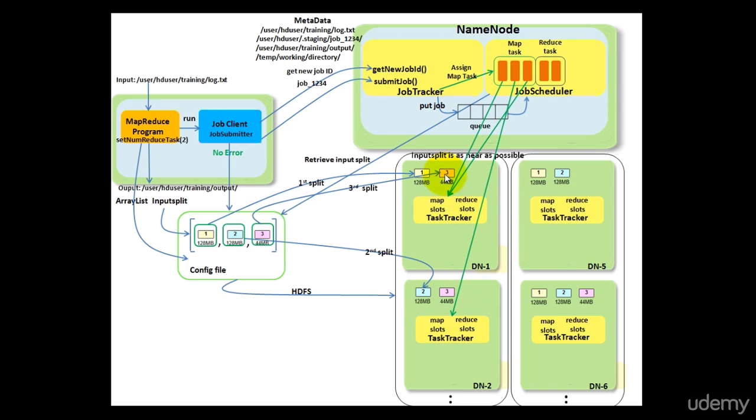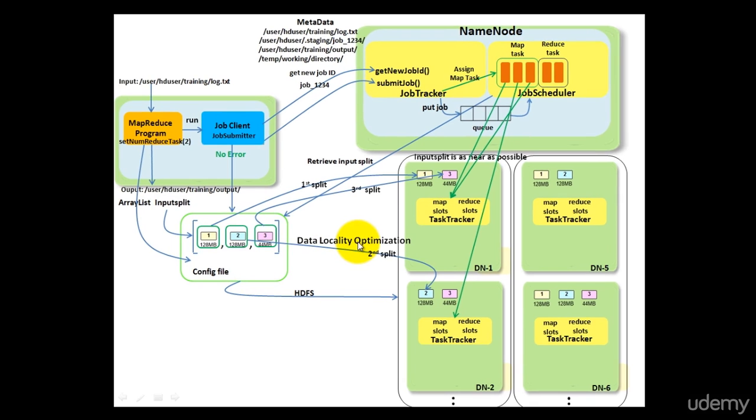And once again, the third map task is assigned to the task tracker running on data node 1. That's because the third split is available in the same data node. The concept of assigning the task where data already exists is called data locality optimization. Along with resource availability, data locality is also considered while assigning a map task to the task tracker.